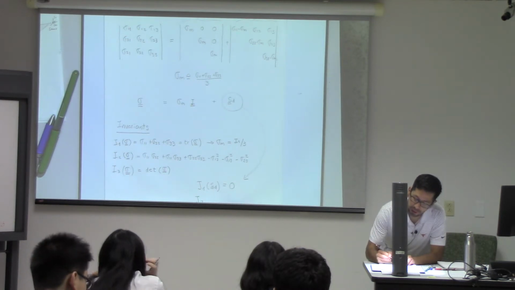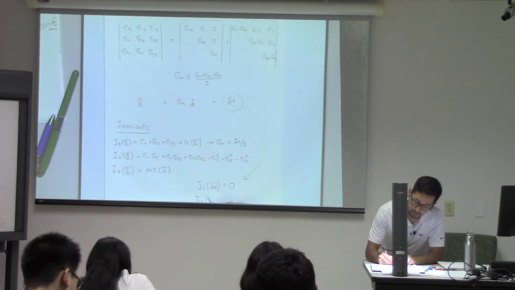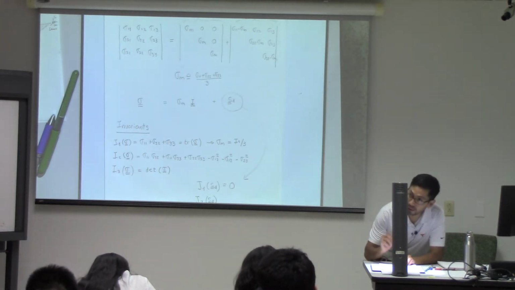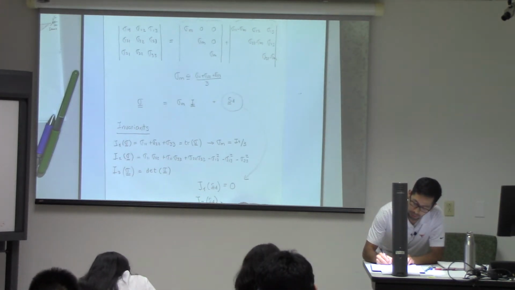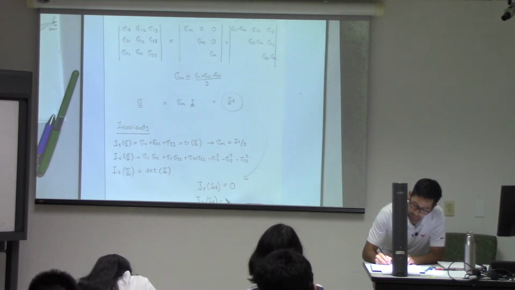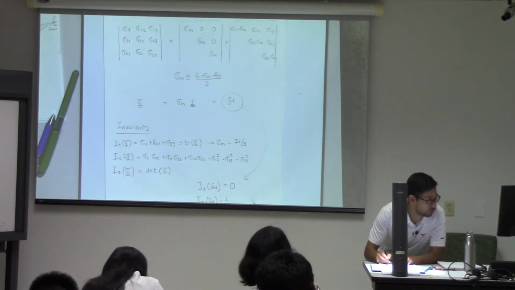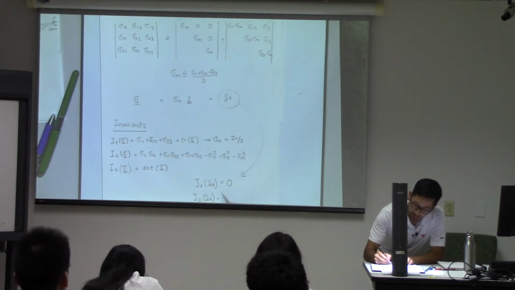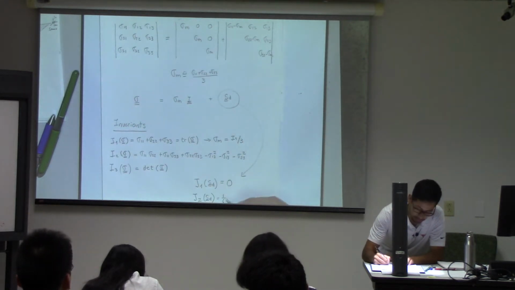The second invariant of the deviatoric stress tensor is an important one. If you apply this equation to that one over here, you can get to something a little bit more simplified that looks something like what I'm writing right now.